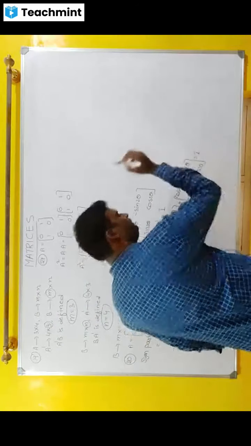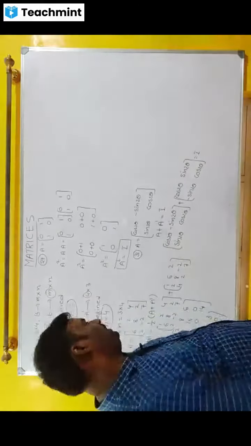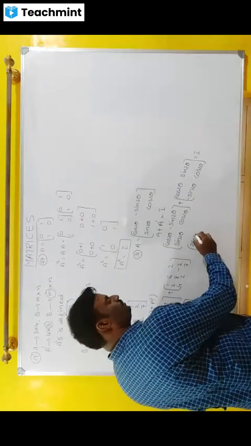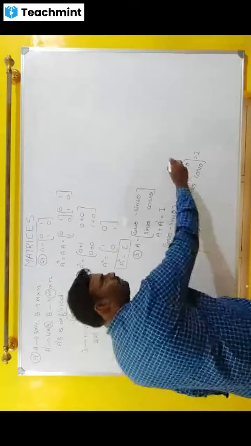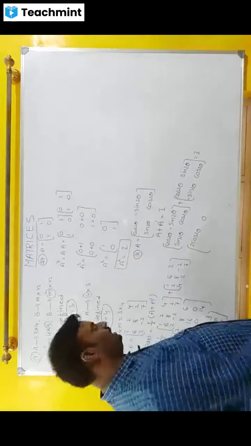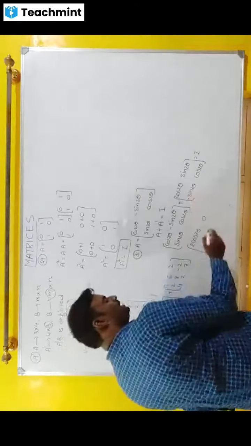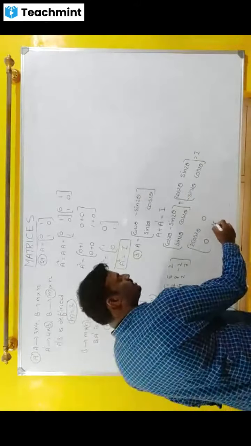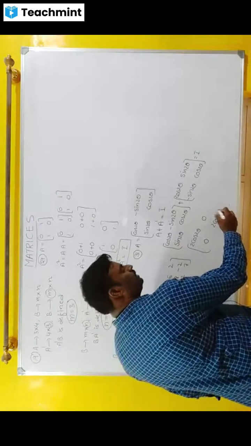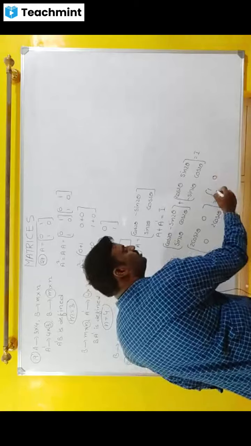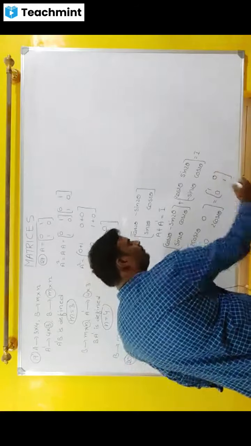That equals I. Now simplify. Cos plus cos, 2 cos. Minus sin plus sin cancel, 0 will be there. Again, sin and minus sin cancel, 0 will be there. Cos plus cos, 2 cos, is equal to I. I means identity matrix, 1, 0, 0, 1.